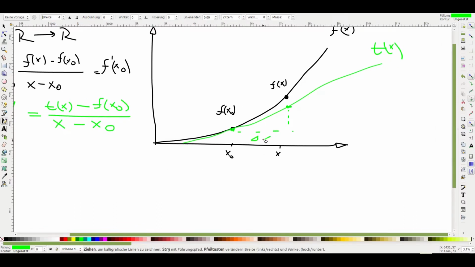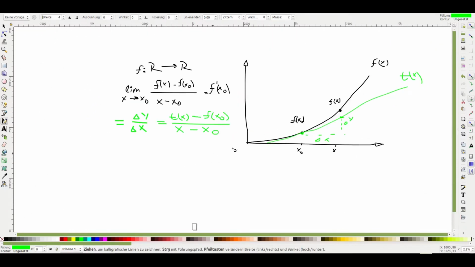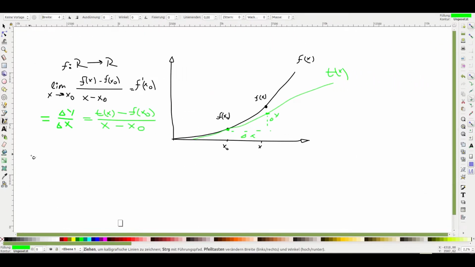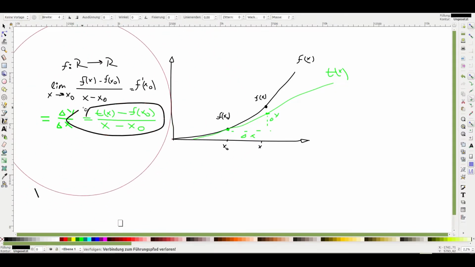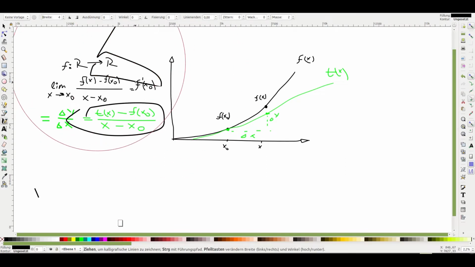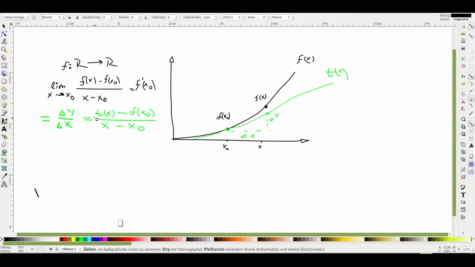So here's delta x and here's the delta y. Okay, so now we can reformulate, or we can just solve this expression and this expression to get the equation for our tangent line.